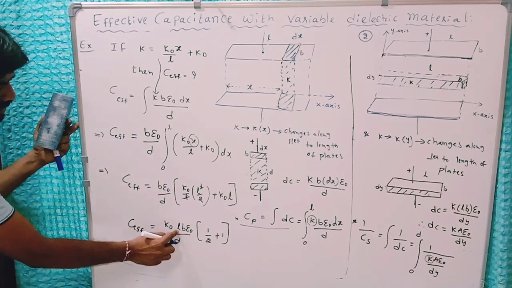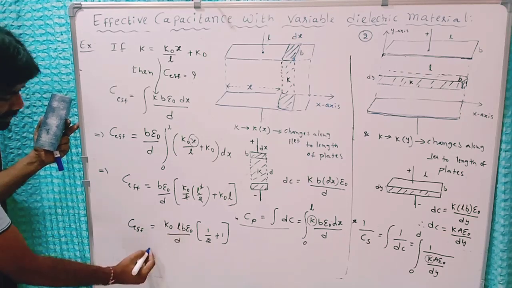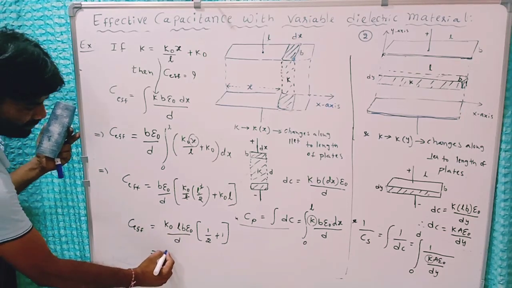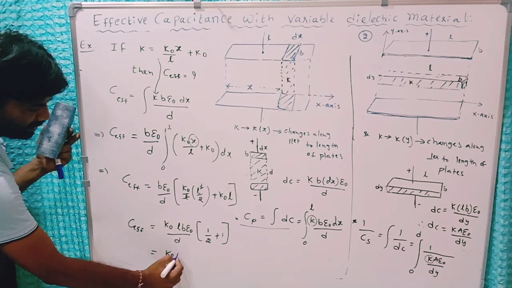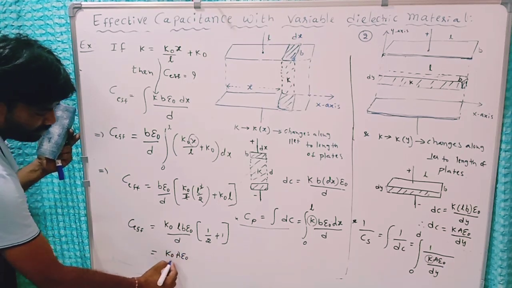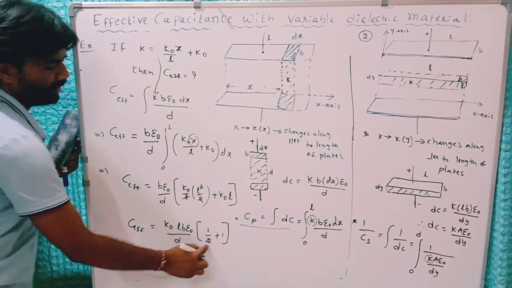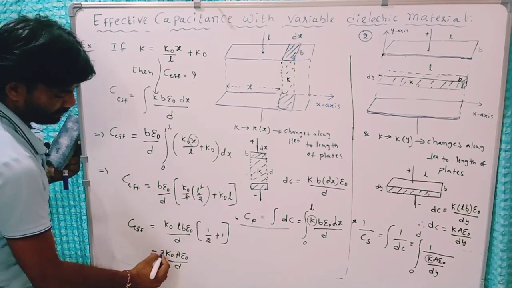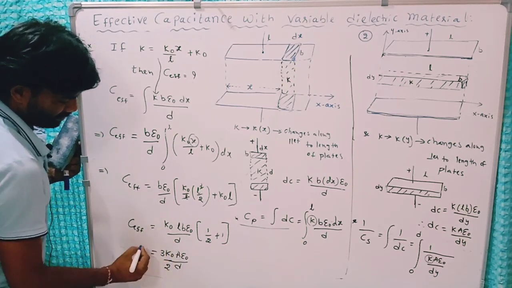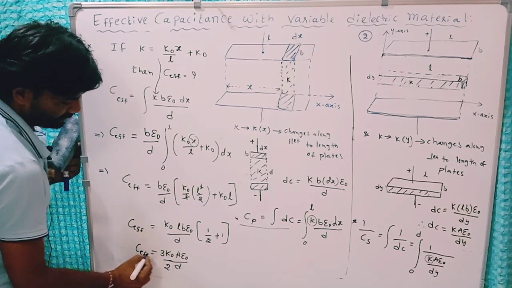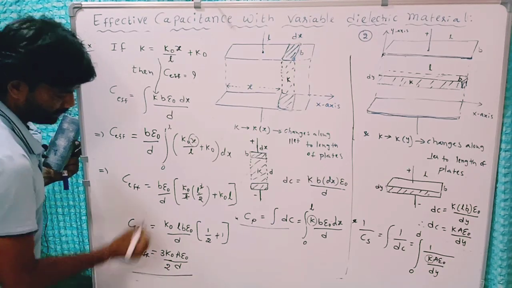Clear? Now L into B is area. So it is K naught area epsilon naught by d, and 1 by 2 plus 1 is 3 by 2. This is the equation for effective capacitance.